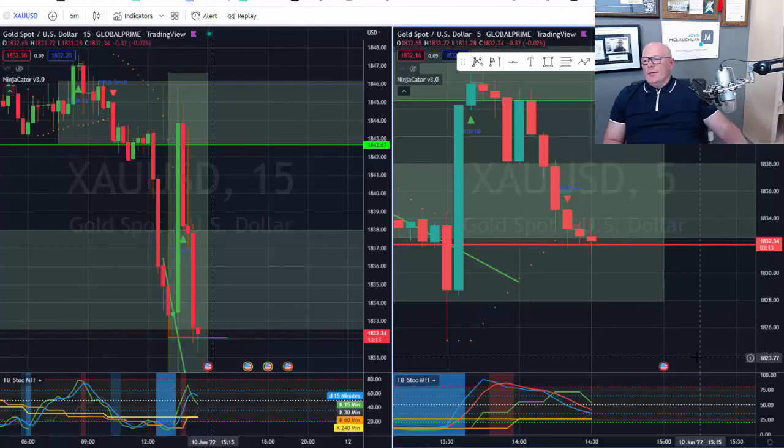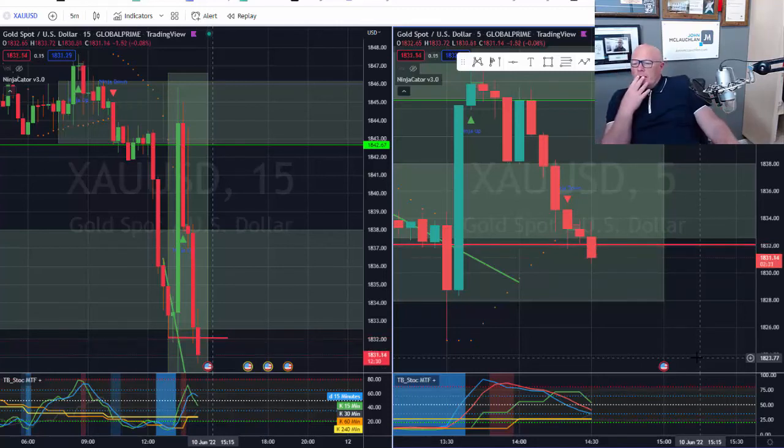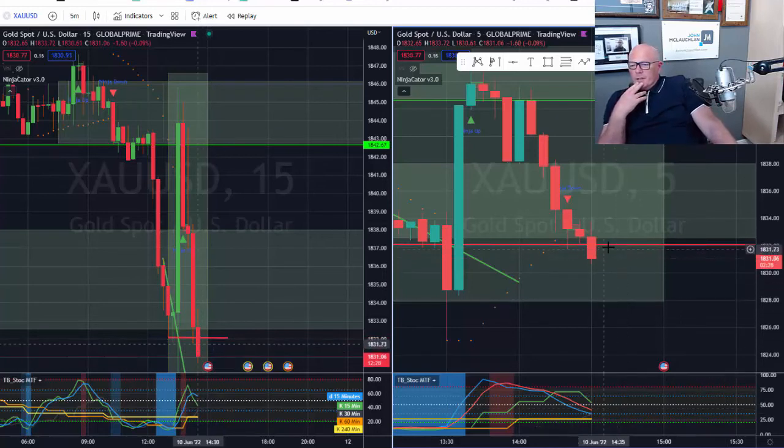The temptation will be to wait, to be patient, to be conservative in our targets, and just see how price action is going to play out with this particular candle. It's looking a bit more positive because there's a bit more body below.